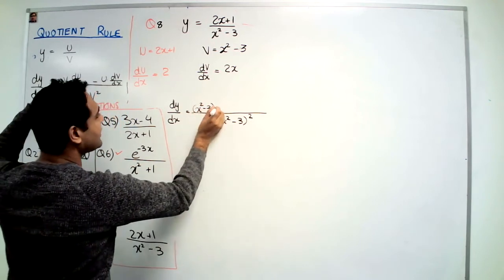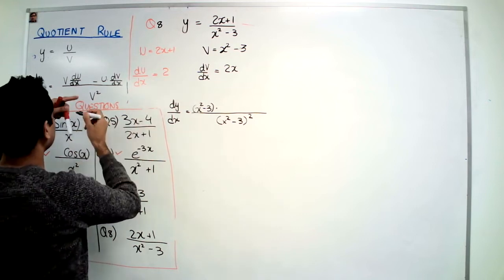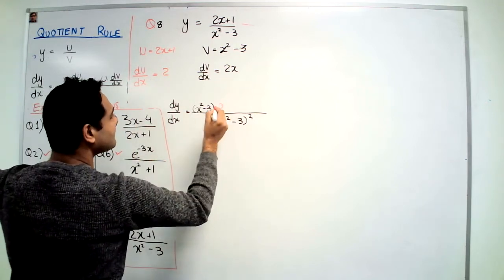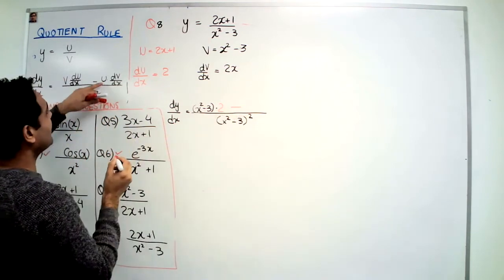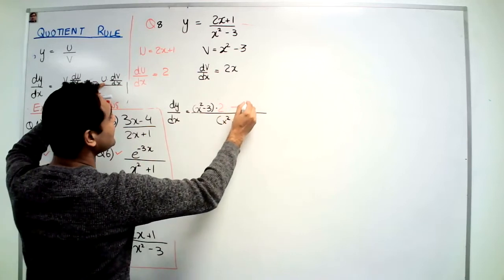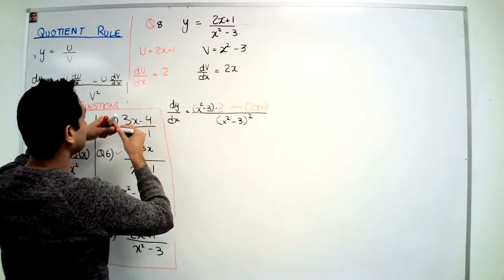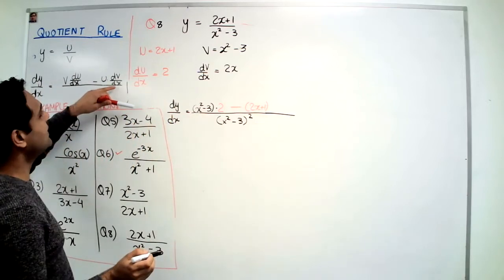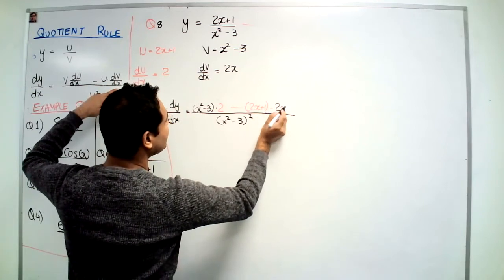And then I got the du over dx. du over dx is just a 2. So I can put the 2 here. And then there is a minus in the formula. Then I got the u. The u is just 2x plus 1. And then I got dv over dx. Now dv over dx is just 2x from here.